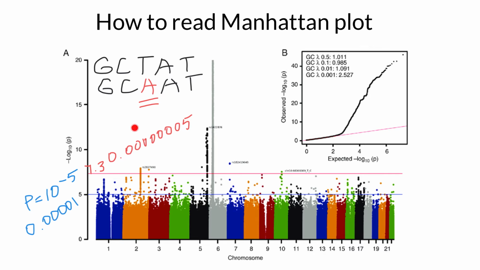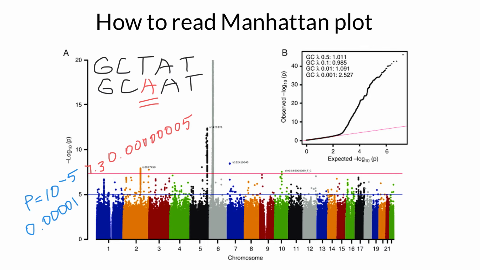This means that the chance of a false positive is only 5 in 100 million, or 1 in 20 million, which is a very, very small number, and we can say that this finding is very significant and reliable.